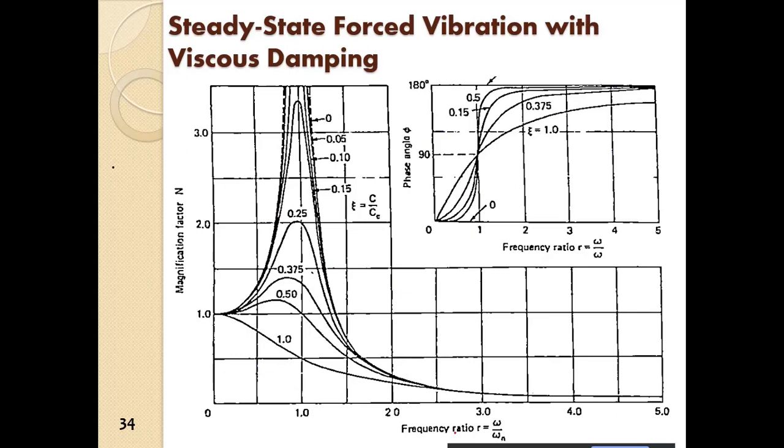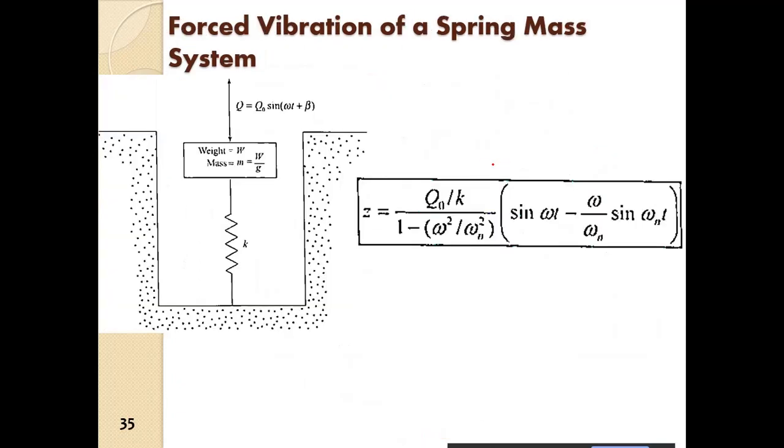Here we see the frequency factor and the magnification factor, and this is the phase angle phi with the frequency factor, or frequency ratio. This is the combined motion of the system.